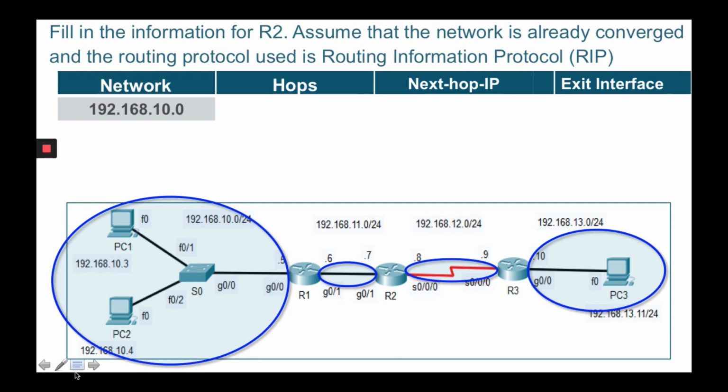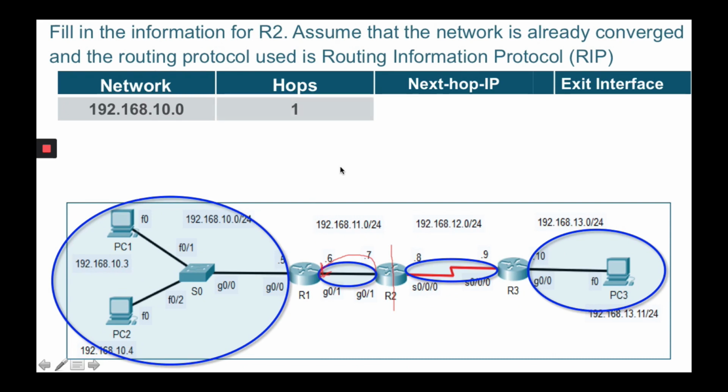No. So in order for router 2 to reach this network, you need to hop 1 hop, passing by this router to reach the destination, correct? So the number of hops here, your answer will be 1.